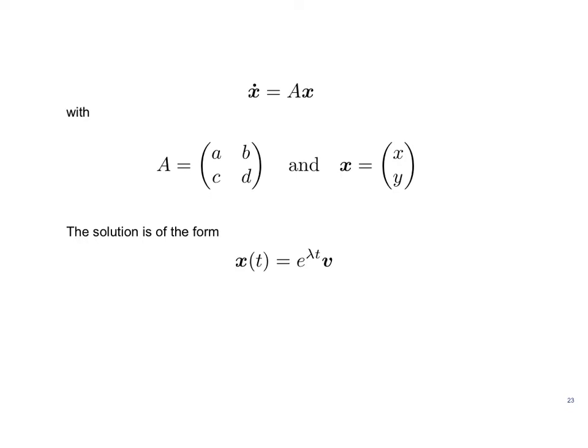You can have the eigenvectors of this matrix, which are easy to compute because we have a small matrix, and a particular solution will be the one given by the eigenvector multiplied by e to the lambda t, where lambda is the eigenvalue. This is super important. The actual solution is going to be a linear combination of these.